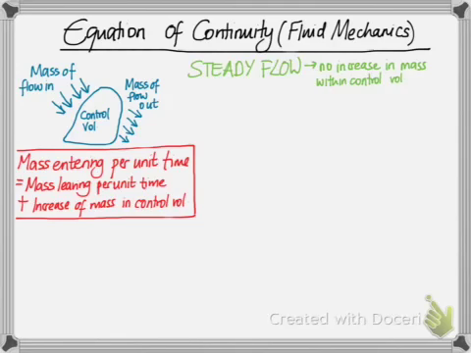Okay, so we've defined our steady flow. So what does that mean? If we're going to obey the principle of conservation of mass as we stated in the beginning, but apply that to fluids, then we would have mass entering per unit time equal to mass leaving per unit time, since after all there is no increase of mass in the control volume in a steady flow.